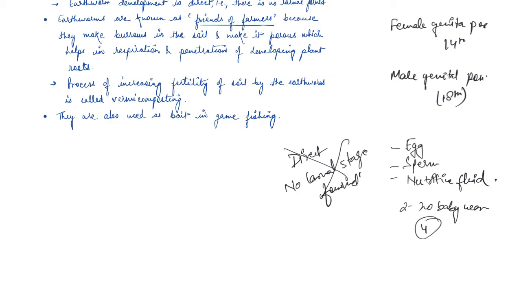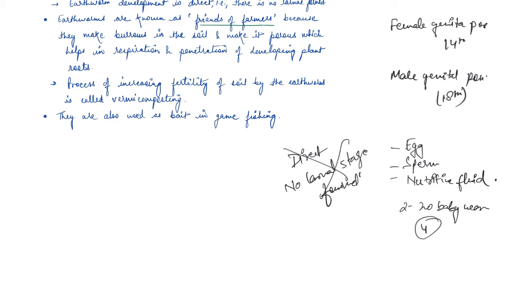Apart from this, because they keep on eating soil and decomposing it, they increase the fertility of the soil, right? They derive food from the soil itself, and they increase the fertility of the soil as well.